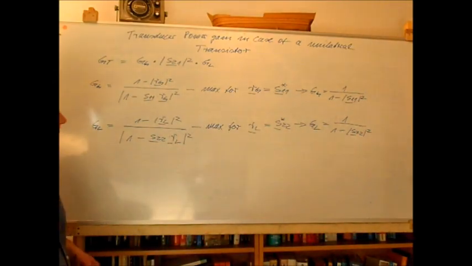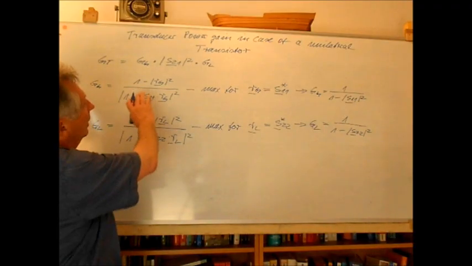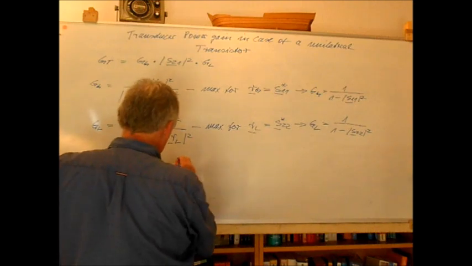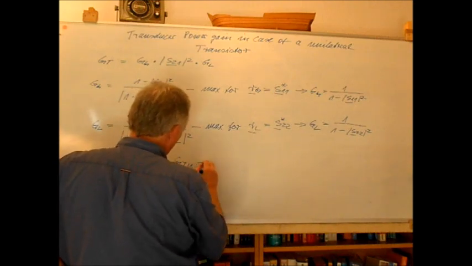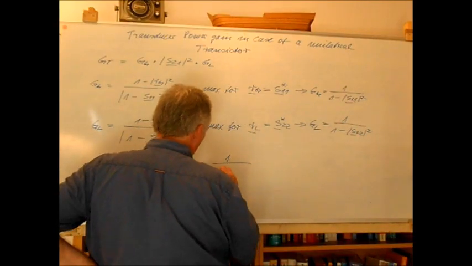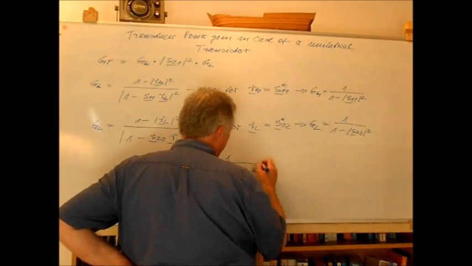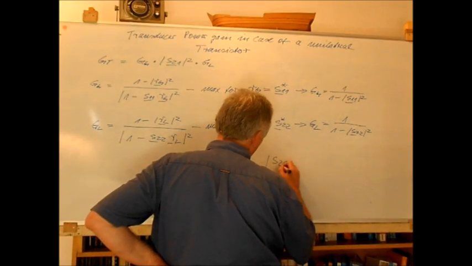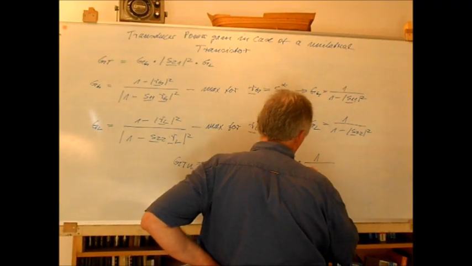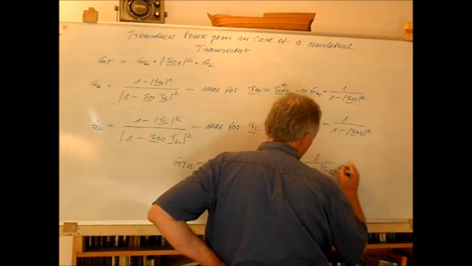So that now, if we maximize the generator gain and then maximize the load gain, we come to the so-called GTU, which is just given by 1 divided by 1 minus S11 absolute value squared times S21 absolute value squared times 1 over 1 minus S22 absolute value squared.